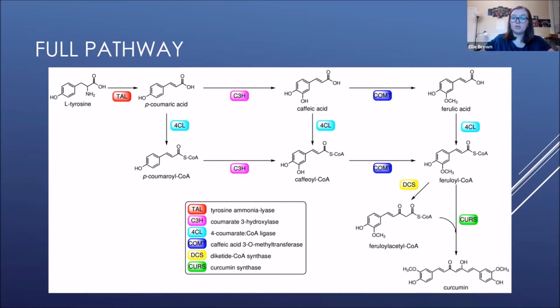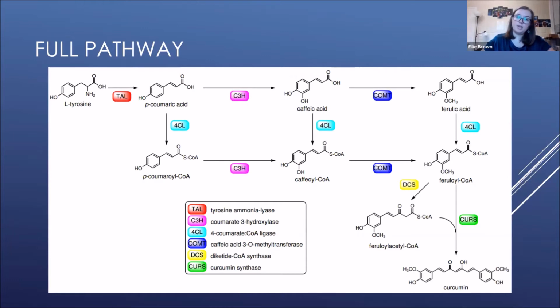Those both can go to caffeoyl-CoA with the enzyme switching. And then both caffeic acid and caffeoyl-CoA can be converted via COMT to either ferulic acid or feruloyl-CoA. And then ferulic acid is converted to feruloyl-CoA via 4CL.